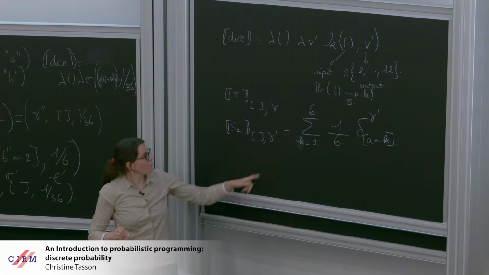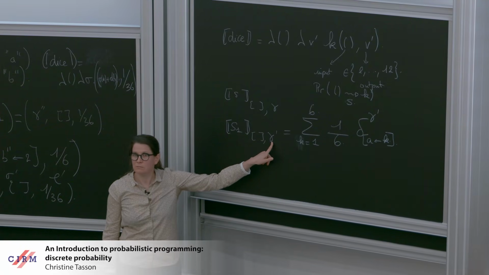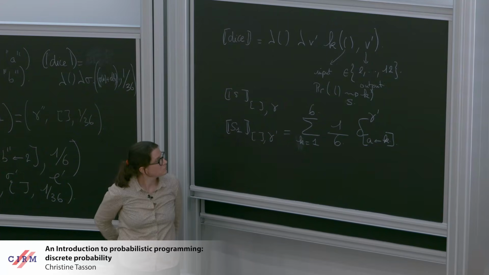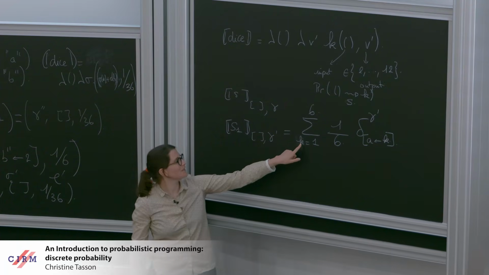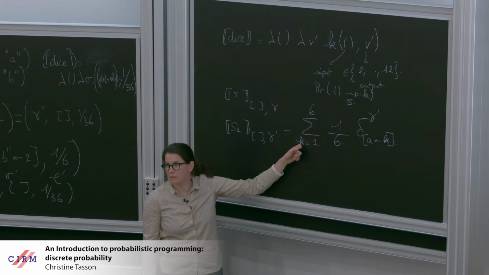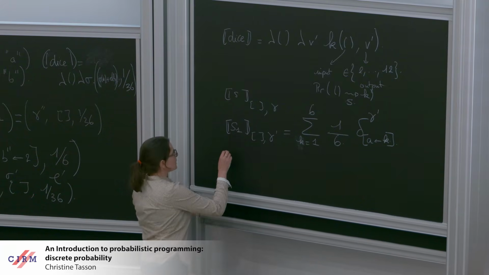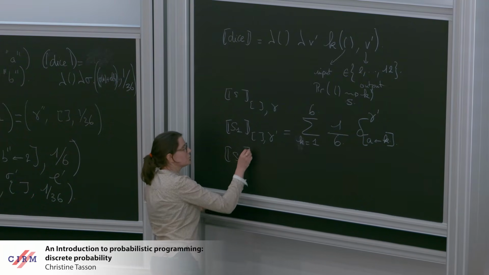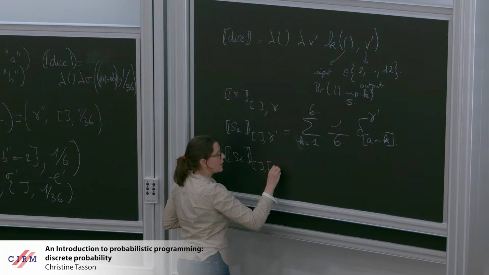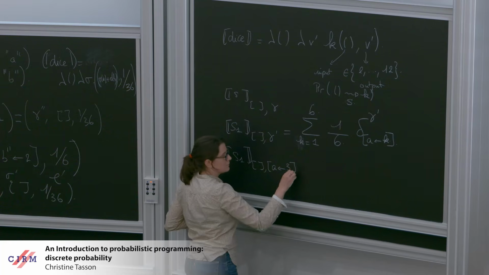How many gamma prime do I have in this sum? What are the possibilities? If I give you an output, a gamma prime, an updated environment, what are the potential values here? So what is the probability of starting from the empty environment and getting A with value, let's say, 3?